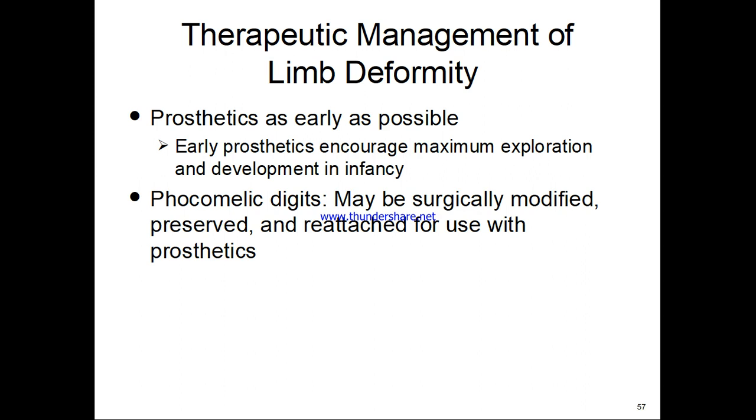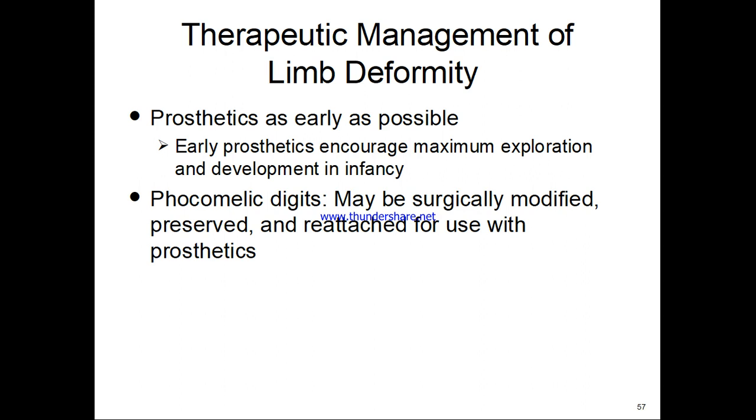So for therapeutic management of congenital limb deformities, we're going to introduce prosthetics as soon as possible. The sooner a child can be outfitted with a prosthetic, this maximizes their exploration of the environment and their development, both motor and cognitive.